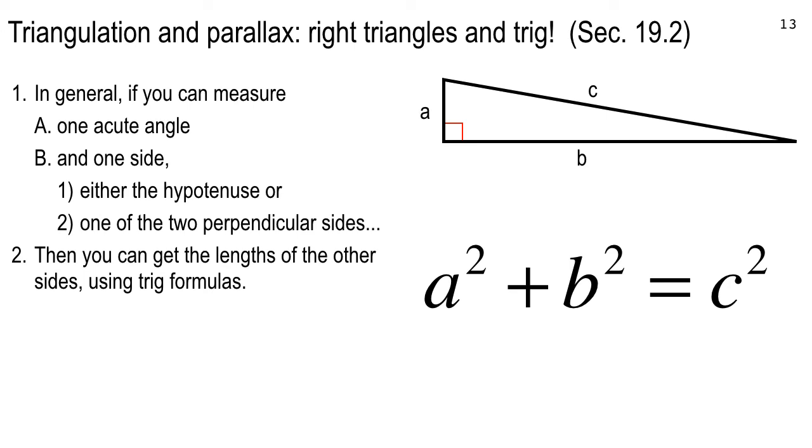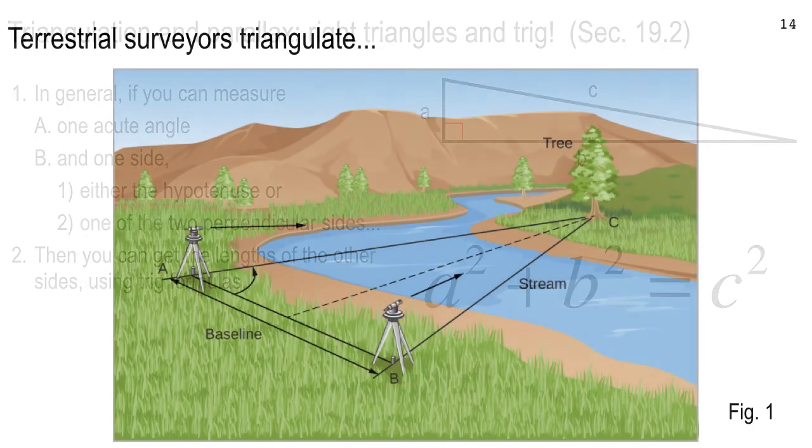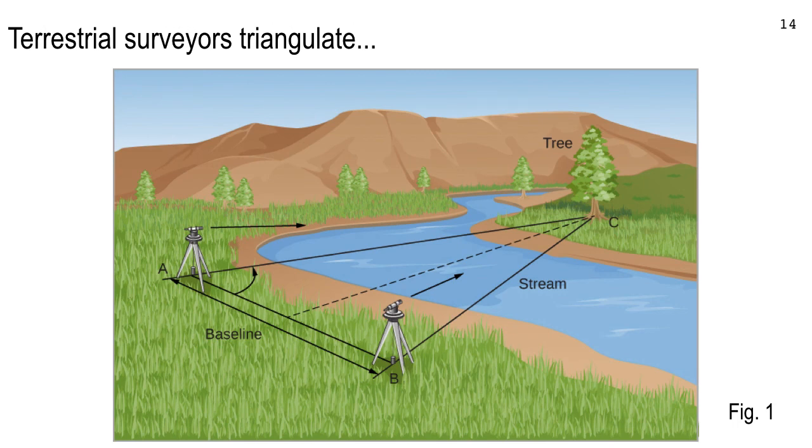So hypotenuse, trig. Yeah, we're going to do a little bit of Pythagorean theorem. Check it out. Here's what terrestrial surveyors do all the time. They use lasers now, but Mr. Abraham Lincoln was a surveyor in his younger days.